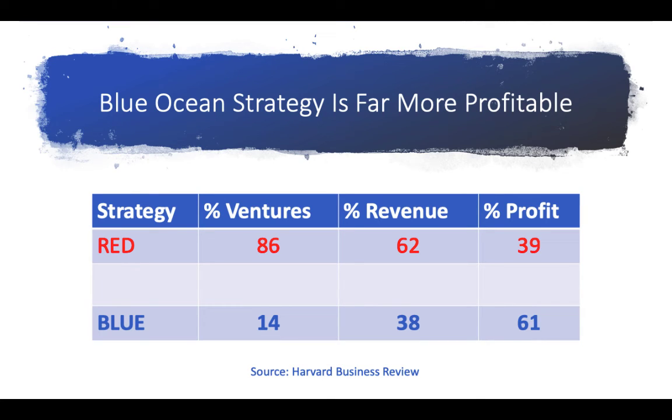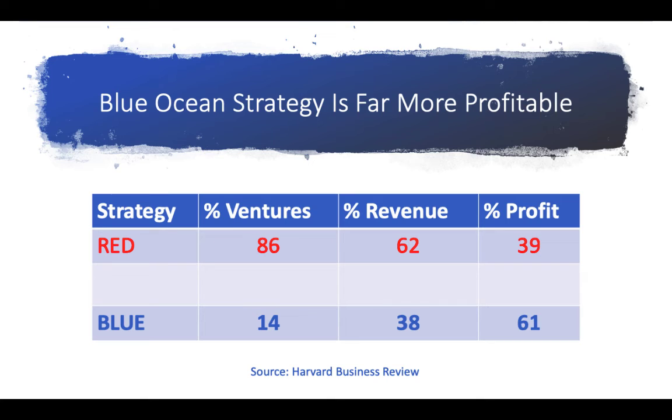Now, research has shown that blue ocean strategy is far more profitable. What you see in this chart is from the Harvard Business Review. In research that they did, they found that the vast majority of people are doing red ocean innovation. No surprise there to me: 86% constituted 62% of the revenue and 39% of the profit.